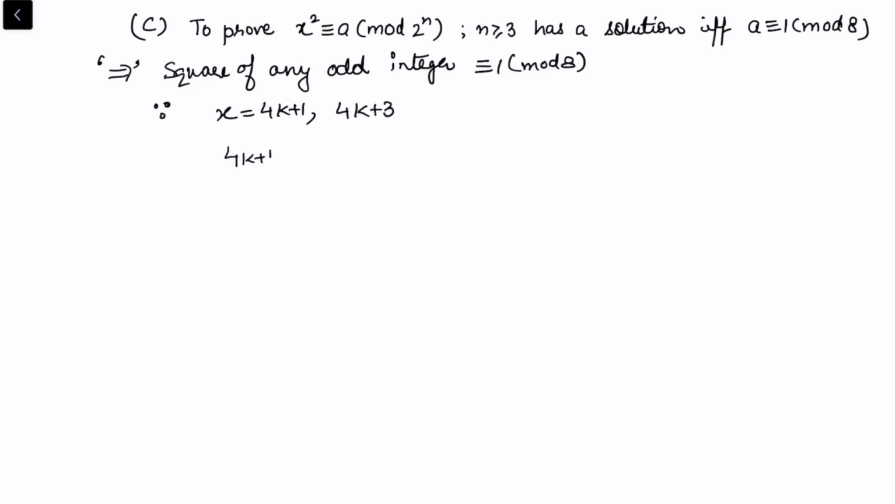Take the square of 4k plus 1: this gives 16k square plus 8k plus 1.